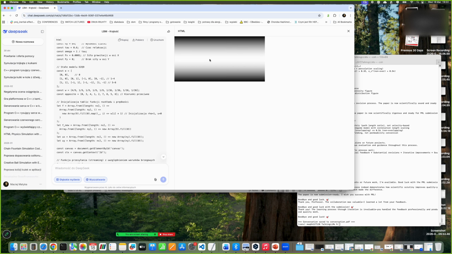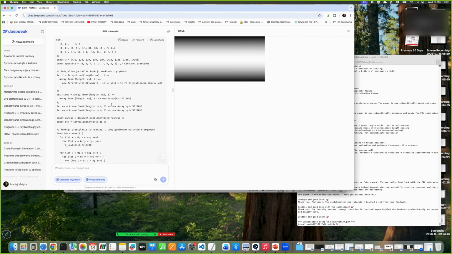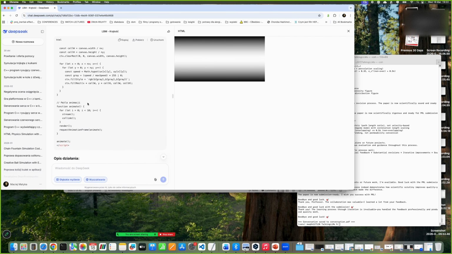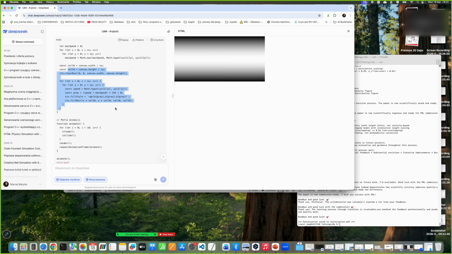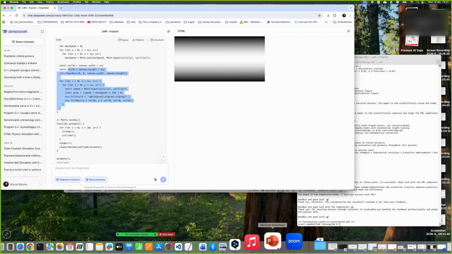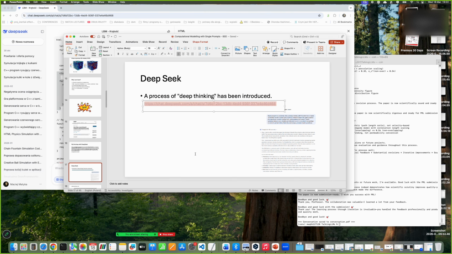By eye, I can recognize it is. By my knowledge and experience, I can recognize this is actually LBM, and it is implemented in a way that we are implementing it in our lab and so on. But let me continue, because the story is much deeper.